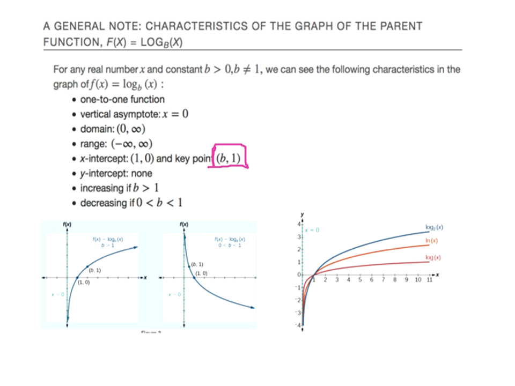It's increasing if our base is greater than 1, and it's decreasing if our base is between 0 and 1. So here we have an example of our base being greater than 1, and here we have an example of our base being between 0 and 1, so some fraction between 0 and 1.